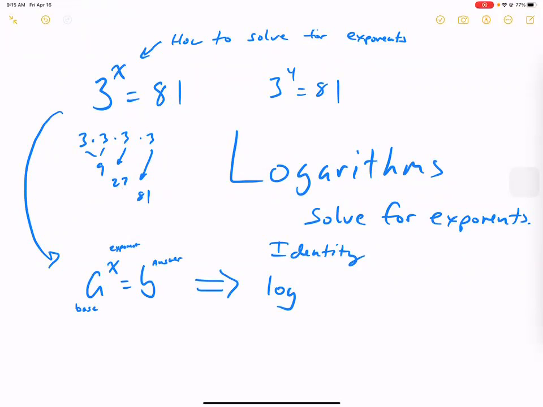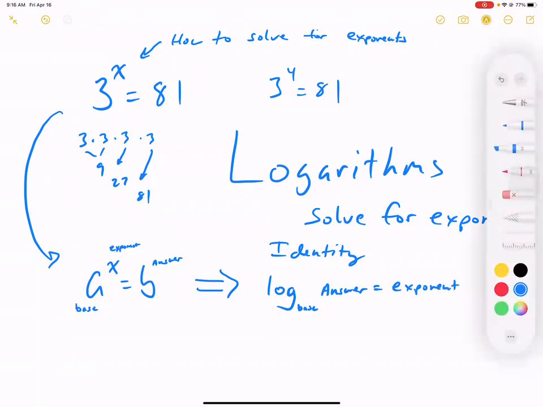So we are going to rewrite this in this form using logs. Logs have a specific pattern that we're going to use here. You write the word log, and then you first fill in the base, and then our answer, and this is equal to our exponent. Remember how we said logs solve for exponents?